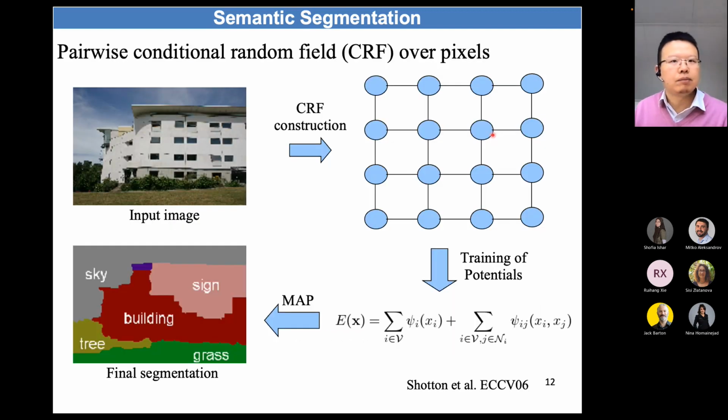At that time, before everyone was doing deep learning, a very popular method was the so-called conditional random field models. Maybe some of you have heard of that, or not. It was very popular until it was overtaken by deep learning, for more than 10 or 15 years.